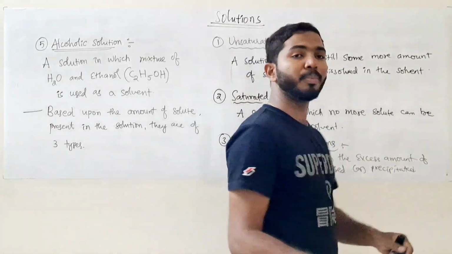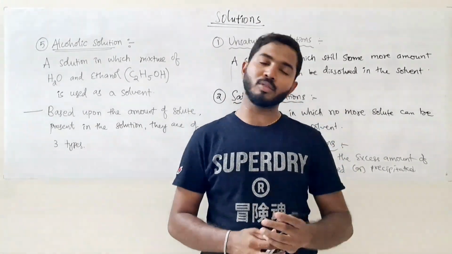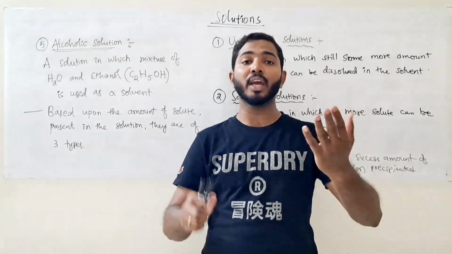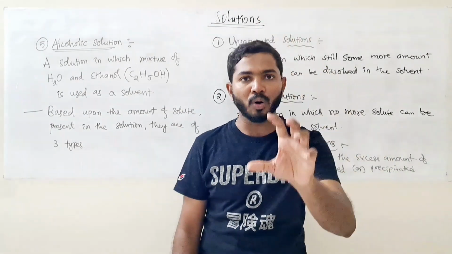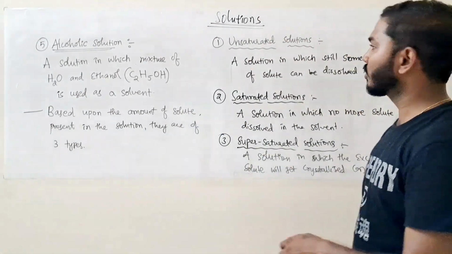Beyond its saturation point, if we go on adding solute, it is not going to dissolve. Whatever solute we add will settle at the bottom of that vessel. You please try to take a screenshot of this.